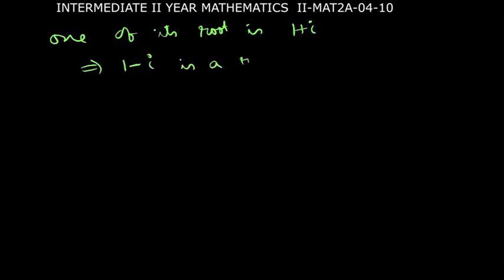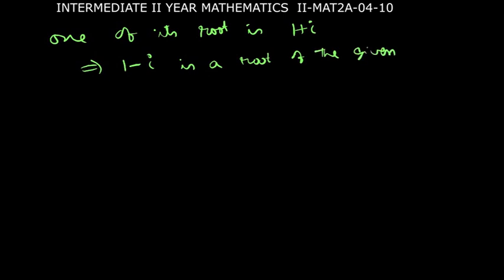And one of its roots is 1 plus i. Now, what we learned previously in the beginning of the class, whenever 1 plus i is a root, its conjugate is also a root of the equation. So, this implies 1 minus i is a root of the given equation.